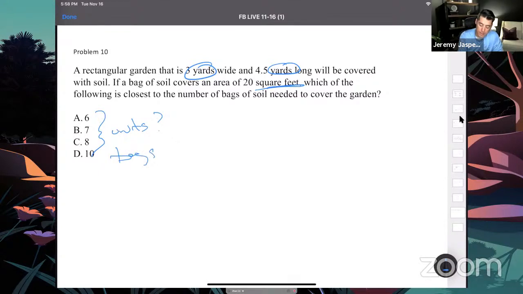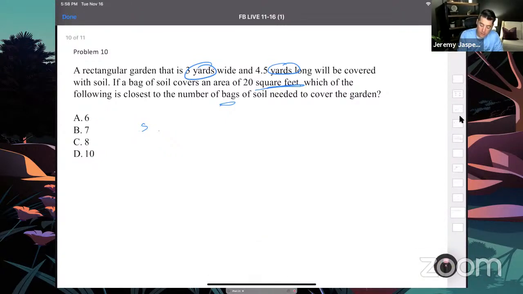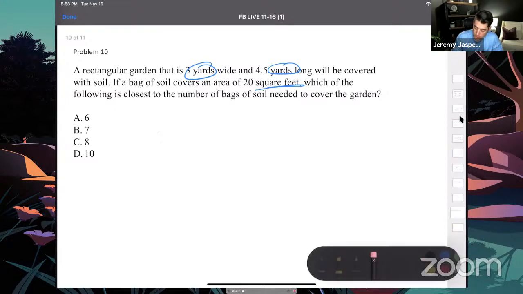It says how many bags of soil. So depending on what you want, you can convert any way. What I always encourage is to go from big unit to small unit. What I have here is yards, the big unit, and feet, the small unit.